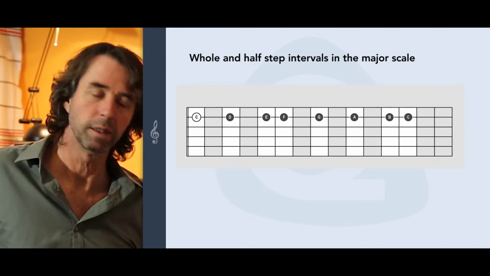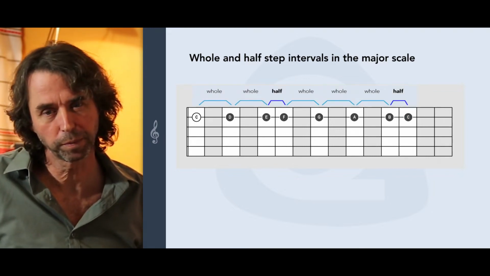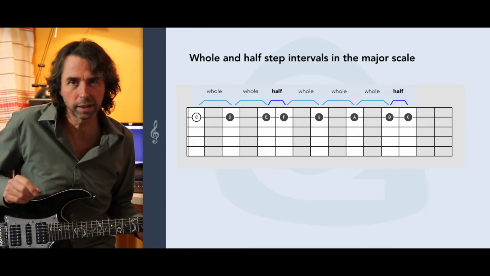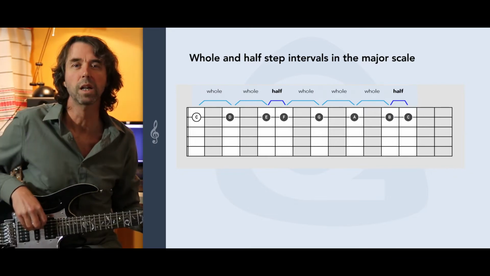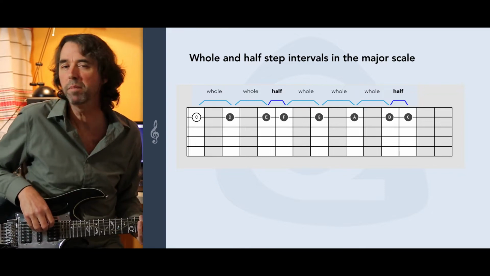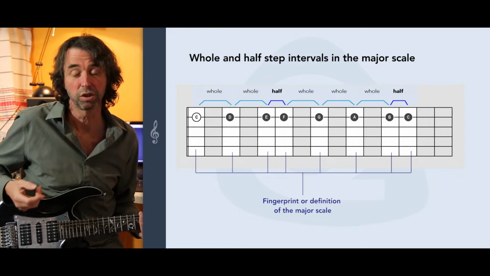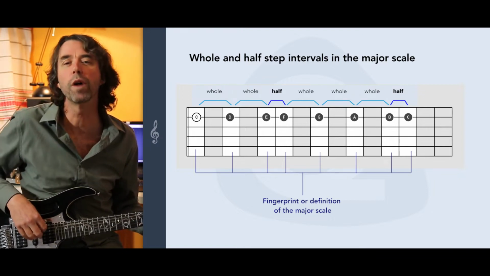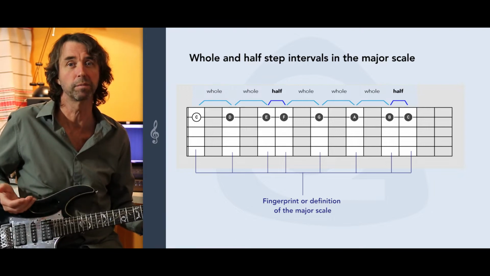As you can see, there is a specific order in whole and half step intervals. And it's precisely that order that determines the sound of a scale. So you can imagine that every major scale should have the same fingerprint, the same definition. So the same order of whole and half step intervals to sound like a proper major scale, right?